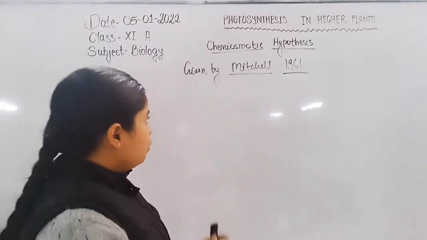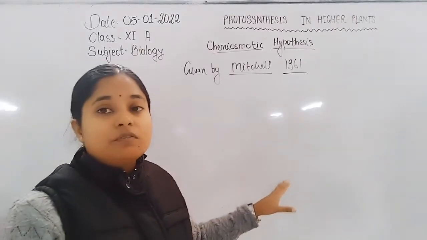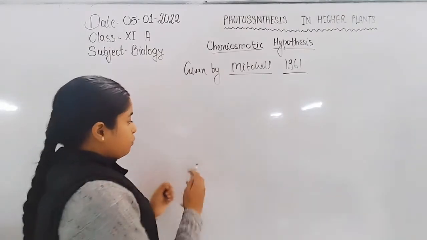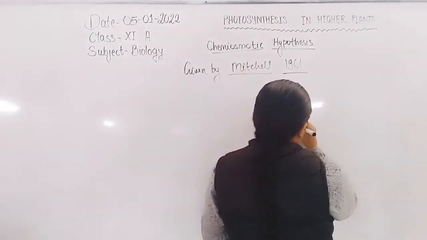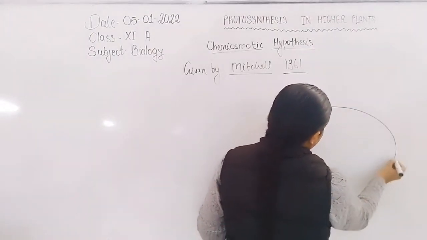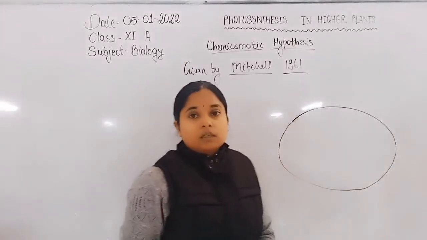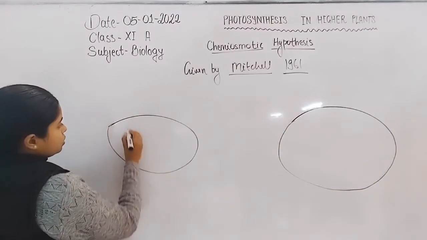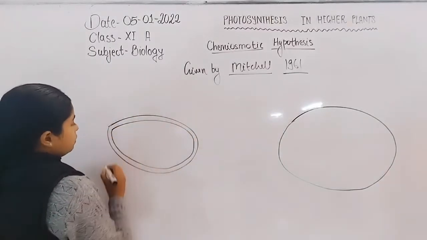First we discuss where the protons come from, because the chemiosmotic hypothesis is related to the proton gradient and ATP synthesis. So first we discuss the thylakoid. If we talk about the structure of the chloroplast, it is double membranous, with an outer and inner membrane.